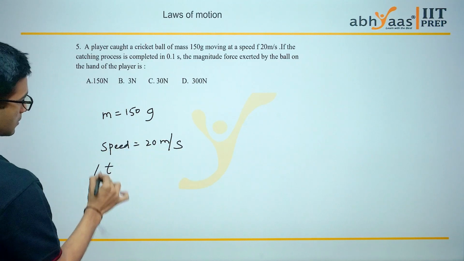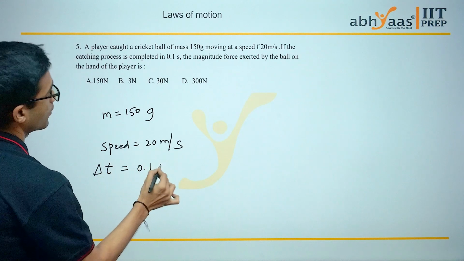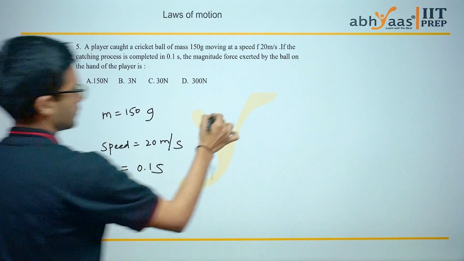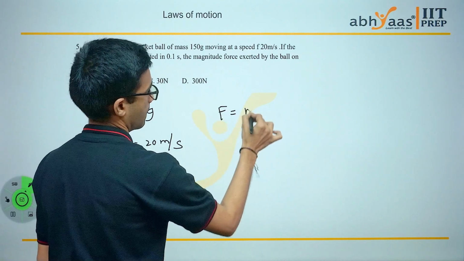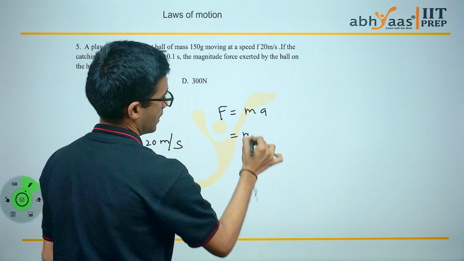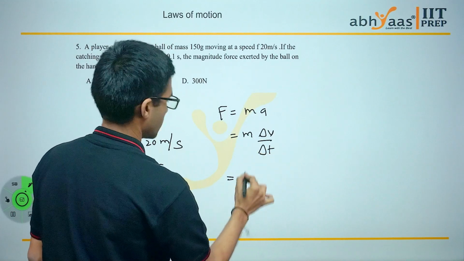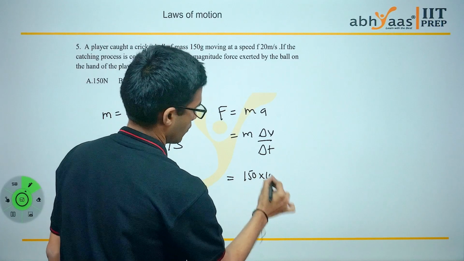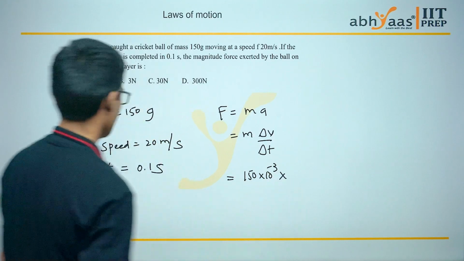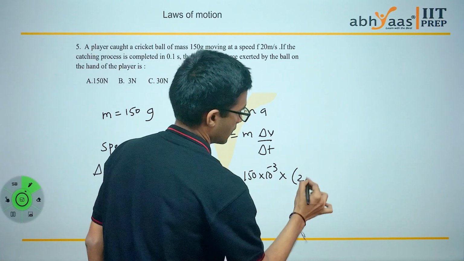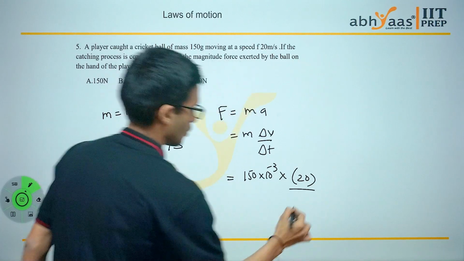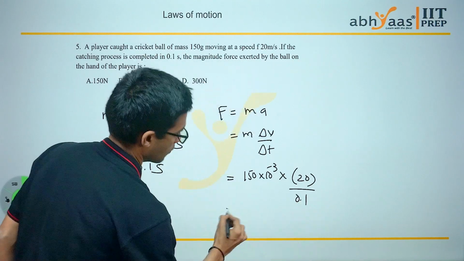The catching process takes 0.1 second. So F is equal to ma, equal to m delta v by delta t. m is 150 into 10 power minus 3, delta v is 20 minus 0, that is 20, by 0.1 seconds. What will you get?